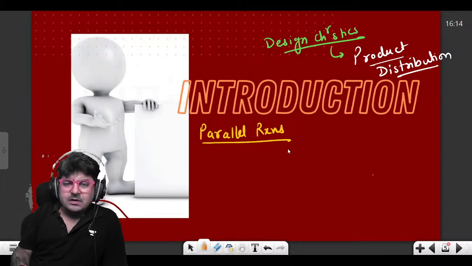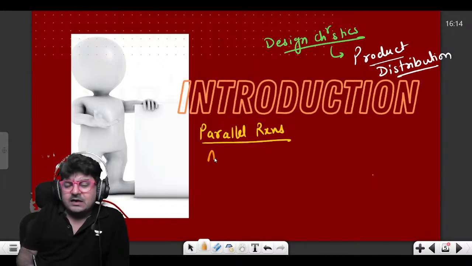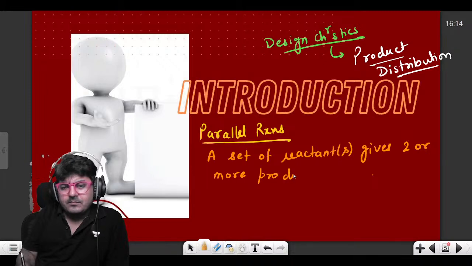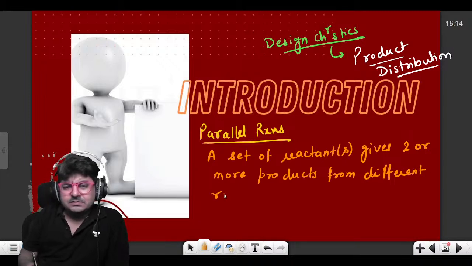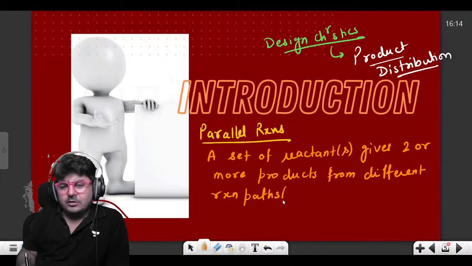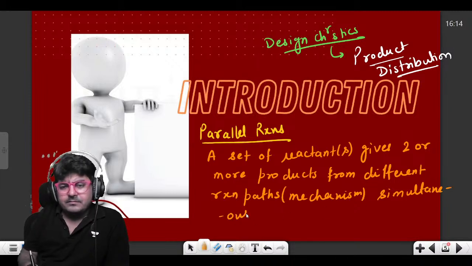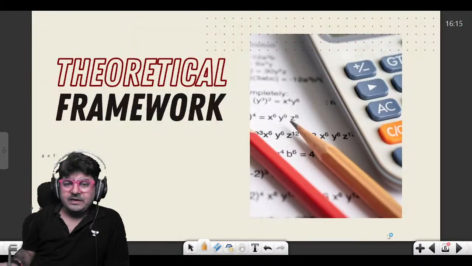So what is a parallel reaction? You can define it as reactions where a reactant or a set of reactants gives two or more products from different reaction paths, or you can say mechanisms, simultaneously.